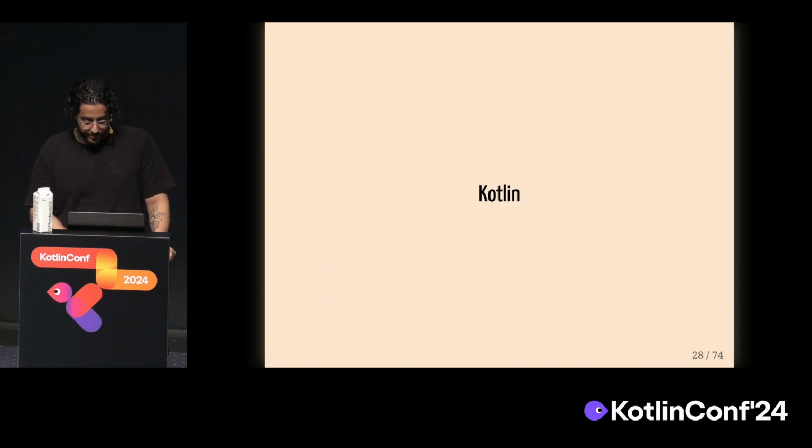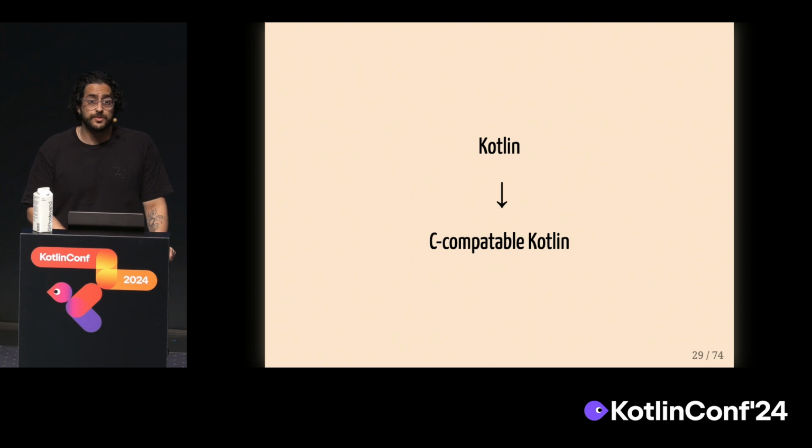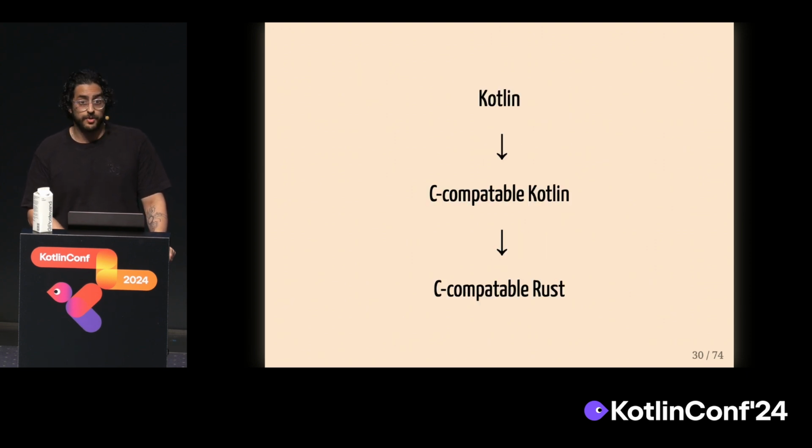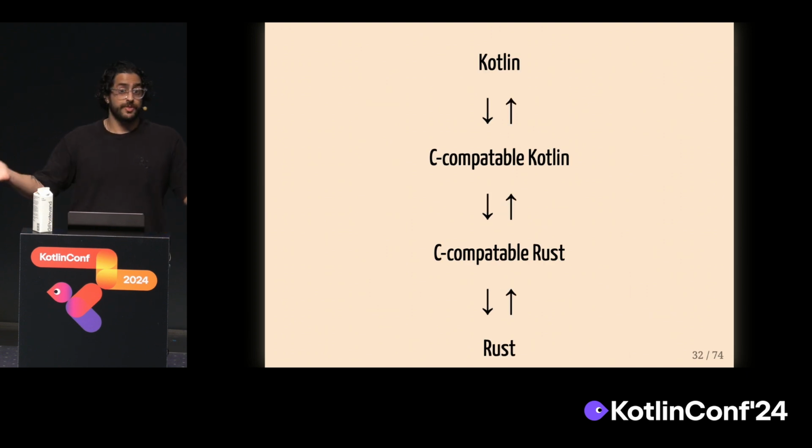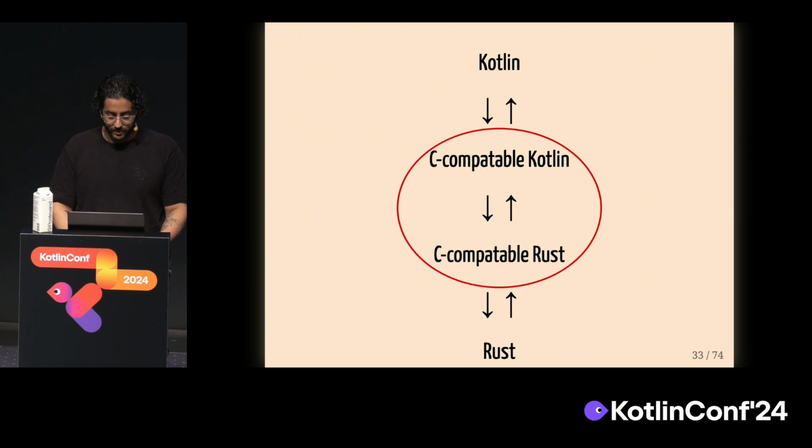So what does that look like in practice with Kotlin and Rust? Start with your Kotlin. You call into C-compatible Kotlin, which calls into C-compatible Rust, which calls into actual Rust. You can also do it the other way around. There's nothing fundamentally preventing you from doing it the other way around. You need to find out where you start and where you end, but you can do it in either direction.